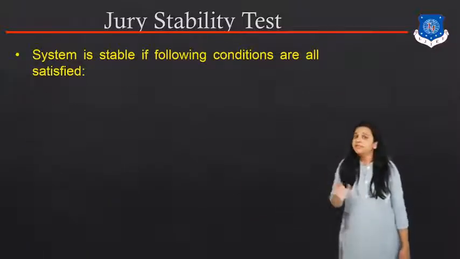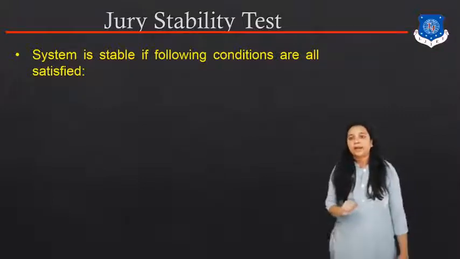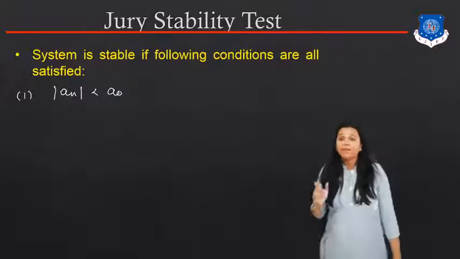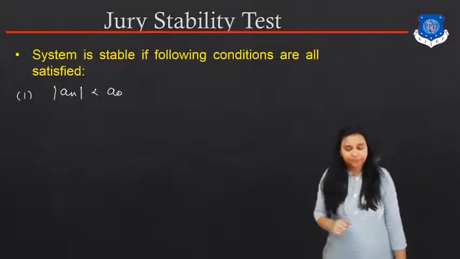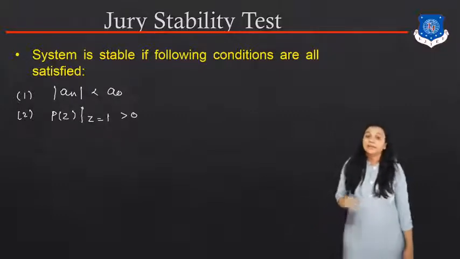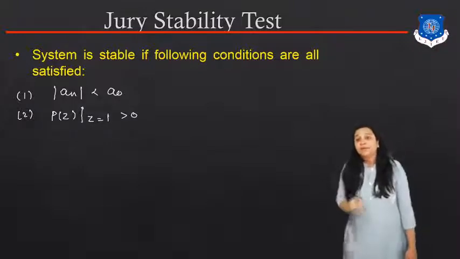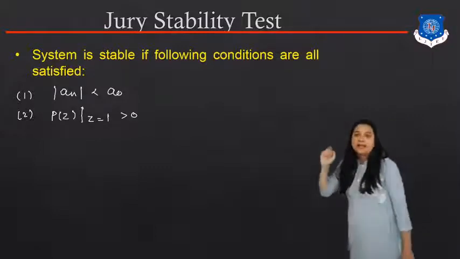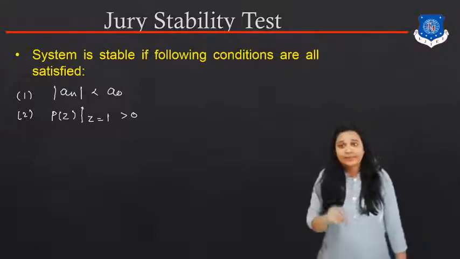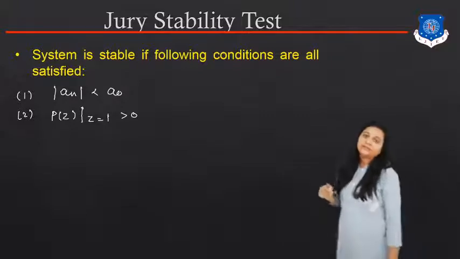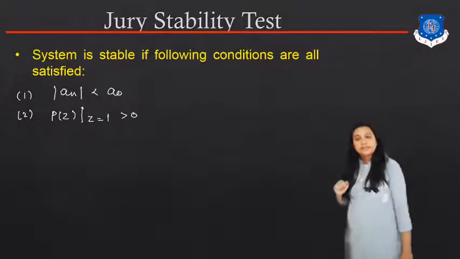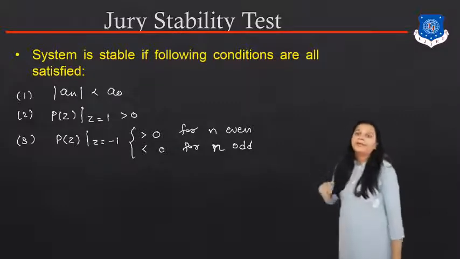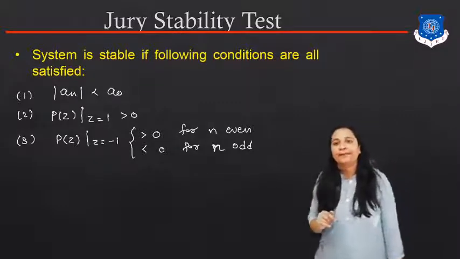So the system is stable if the following conditions are all satisfied. The first condition is the mod of an is less than a0. The second condition is P(z) where z is equal to 1. So we can put in the characteristic equation P(z) and put z is equal to 1. If the answer is greater than 0, that time the second condition is satisfied. The third is P(z) and put z is equal to minus 1.